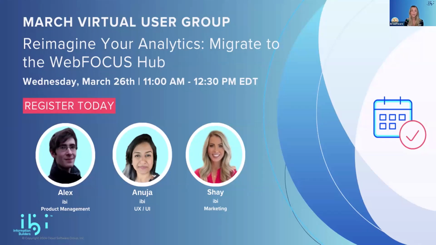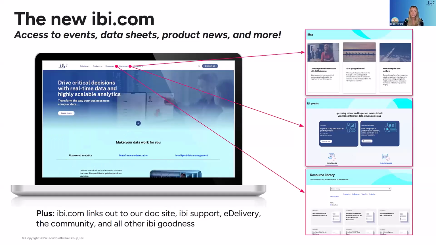I'm going to go through a couple of resources that are available to you guys. As always, just as a reminder, to let you know what is out there readily at your fingertips if you need or are looking for anything IBI related. So with that, it's going to lead us straight to the IBI.com website. I hope you guys are utilizing our website for all of your IBI needs.